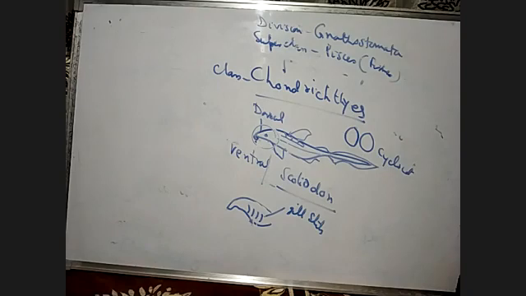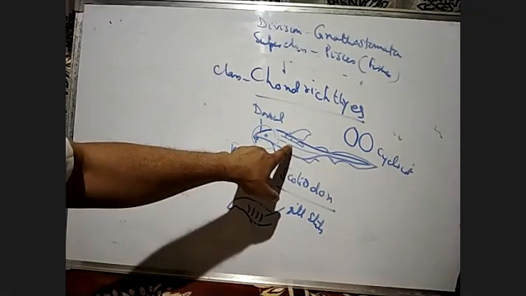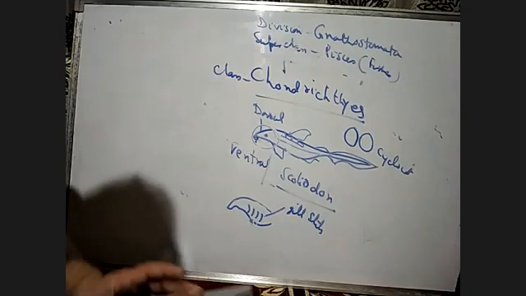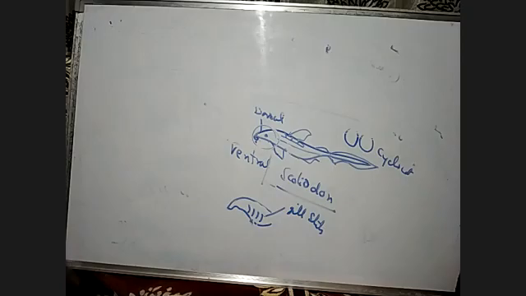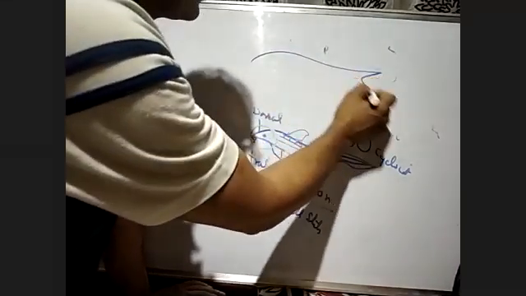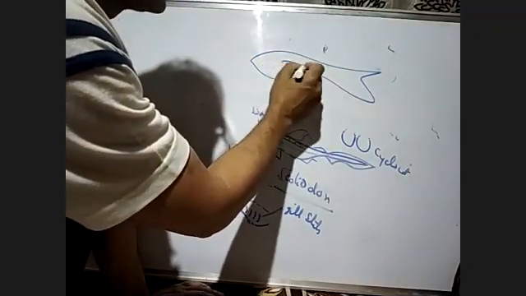And due to the absence of the air bladder or the swim bladder, they have to swim constantly to avoid sinking. If you look at the figure here, in most of the fishes, inside they have a bladder-like structure like this.